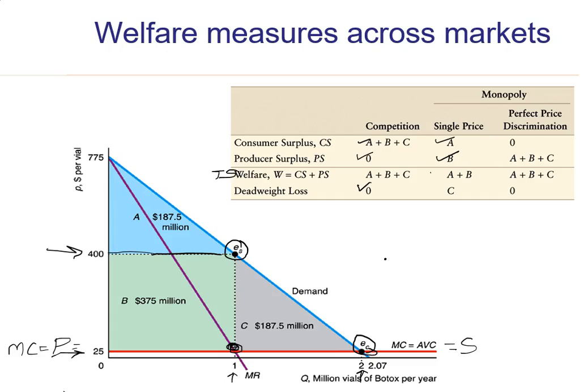Add them up, get your total surplus, A plus B. What about this area C? Well, that's our deadweight loss. Deadweight loss is this area here in gray, or C. That's what the monopolist loses out on, or society loses out on, by having a monopoly produce it rather than a competitive market. Competitive market, remember, no deadweight loss. Whereas we have this deadweight loss under a single price monopolist.